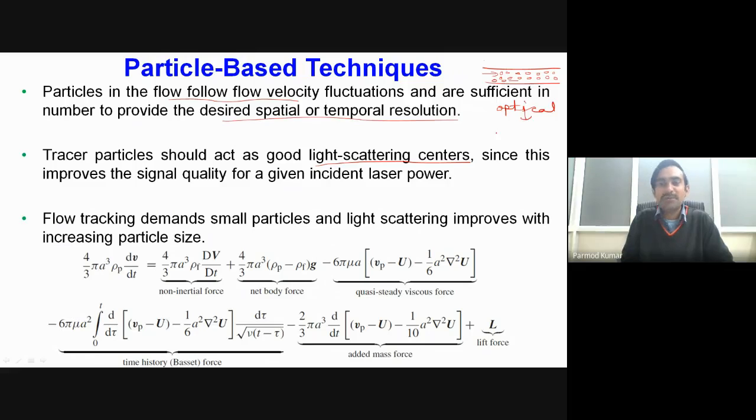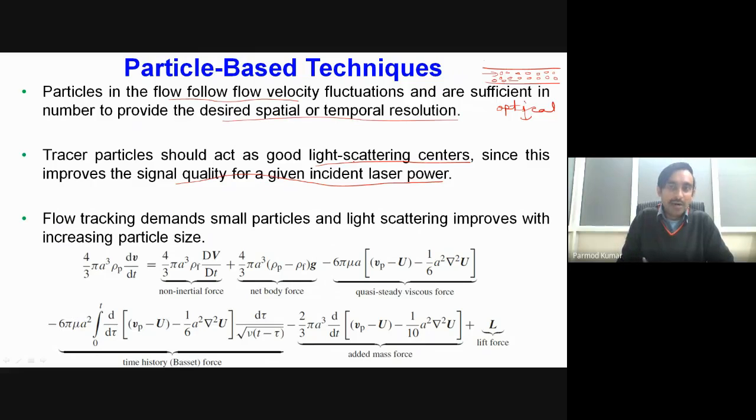We allow some light to be incident on these particles, and these particles scatter the light, and we try to measure some signal based on this scattering of the light, and relate that with the velocity of the flow field. So that's why particles should be good light scattering centers. Why? Because this will improve the signal quality for a given incident laser power.